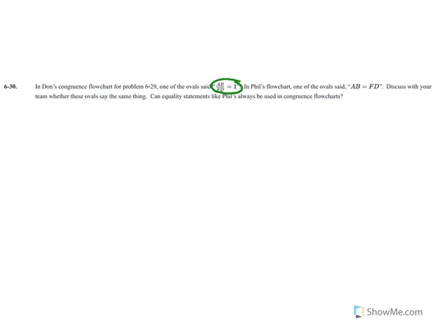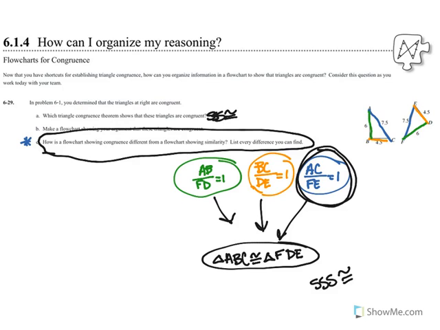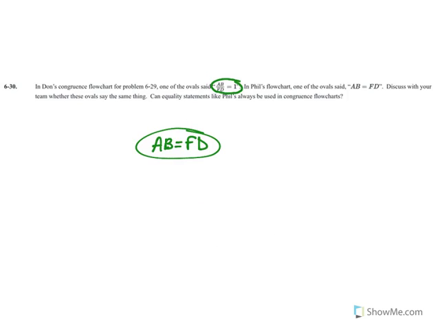However, when you are making your flow chart, so for the last one you had AB over FD equals 1, you can say AB equals FD. And then let me go back to our chart. We said BC over DE equals 1, so we can say BC equals DE for our next bubble.